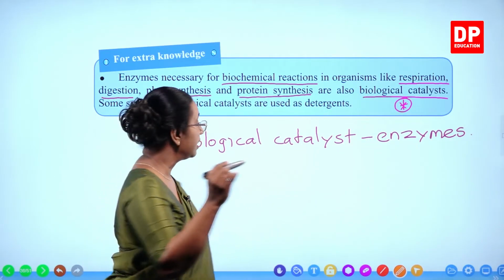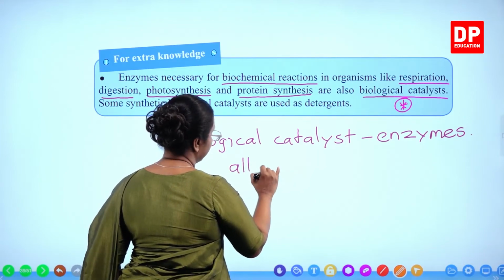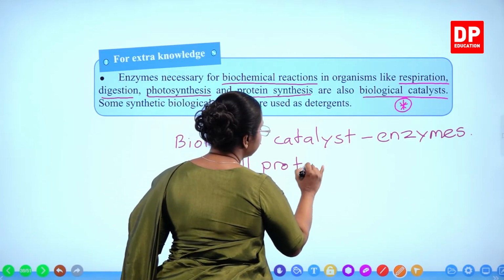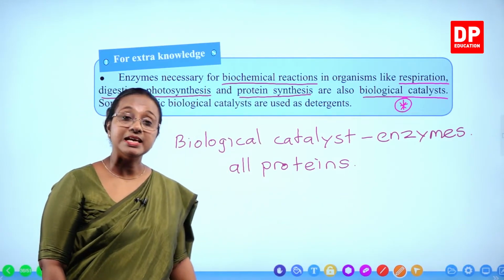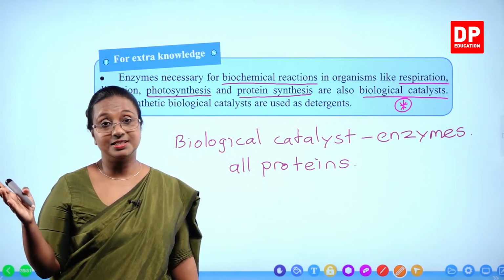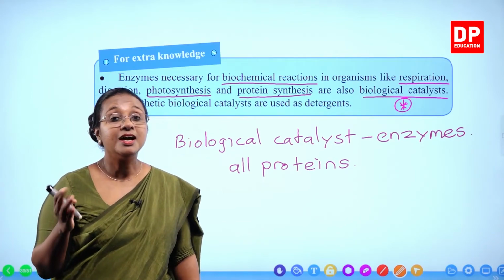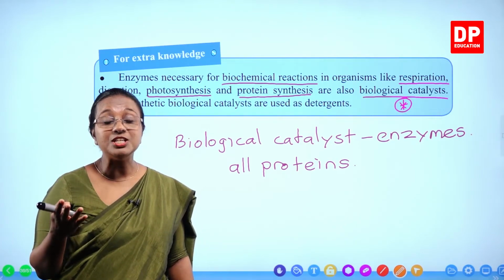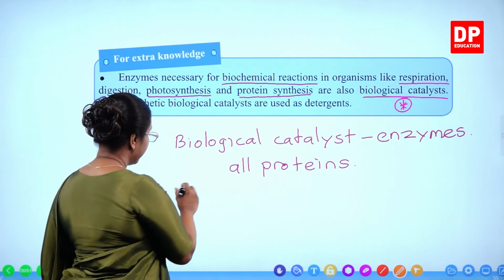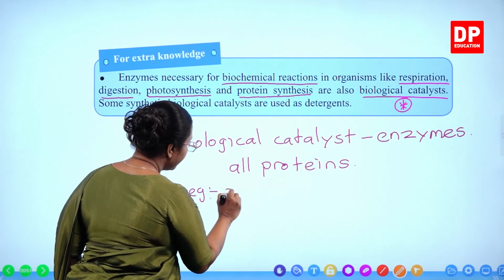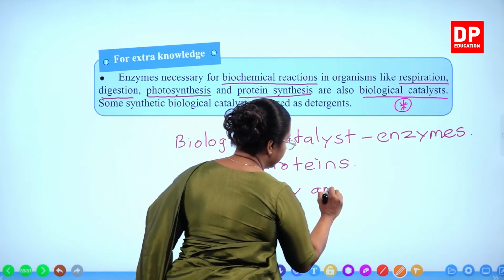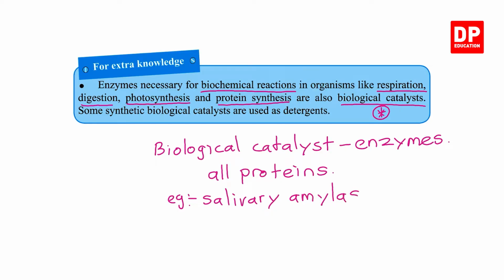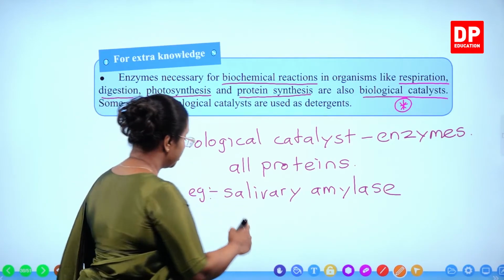You can remember they are all proteins. All the enzymes are proteins. Can you remember an example? Again, from the first lesson, the activity of amylase. For example, salivary amylase. We have discussed that. What does this do? It hydrolyzes starch to maltose.